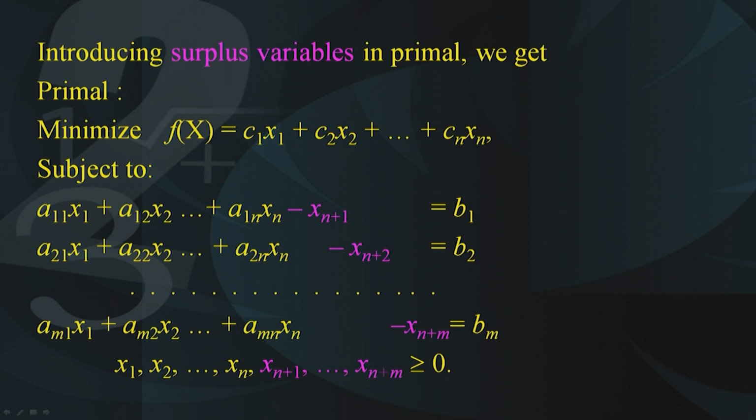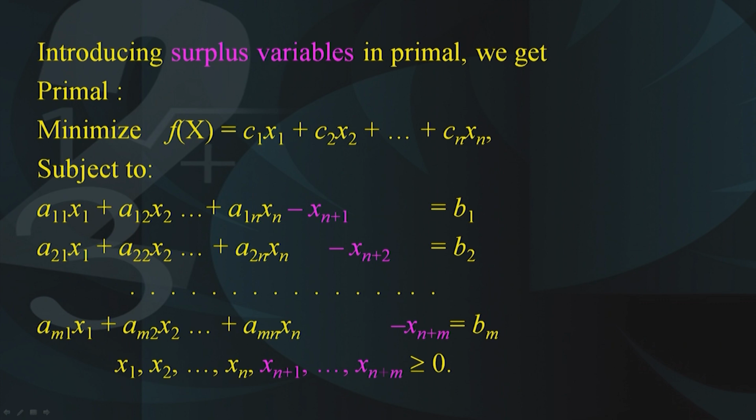Therefore, we introduce the surplus variables in the primal, and we get the following problem: minimization of C1 x1 plus C2 x2 plus Cn xn subject to A11 x1, A12 x2, A1n xn minus xn plus 1.